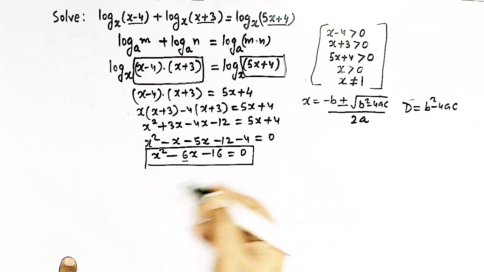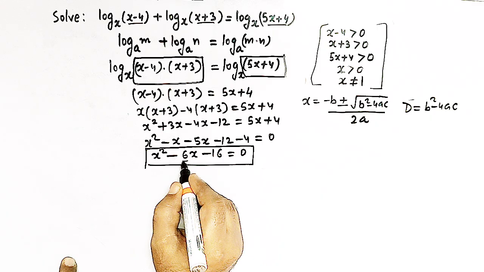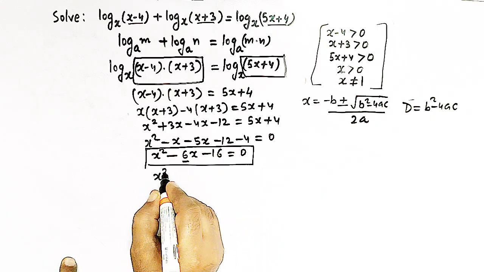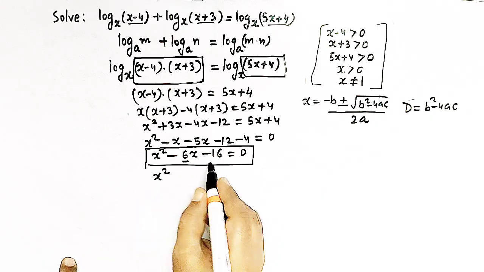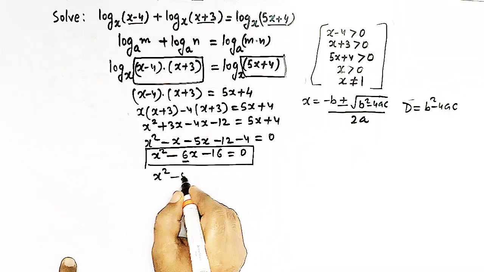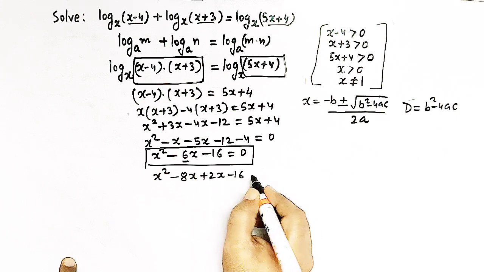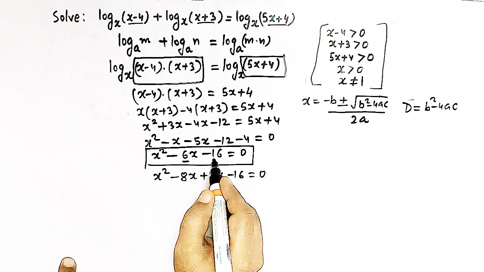So here we'll make use of the method of splitting the middle term. So we can now write x square, and here we have minus 8x, and then we can write plus 2x, and here we have minus 16 is equal to 0, right?